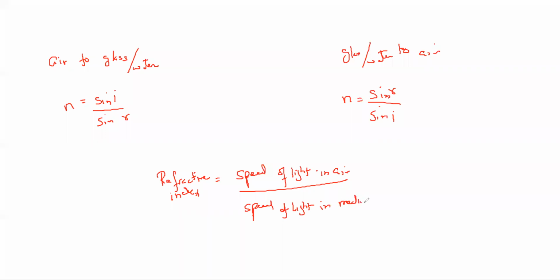The medium can be glass or water. So this is the third formula. If speeds are given, you will use this formula. The speed of light in air or vacuum is approximately the same.